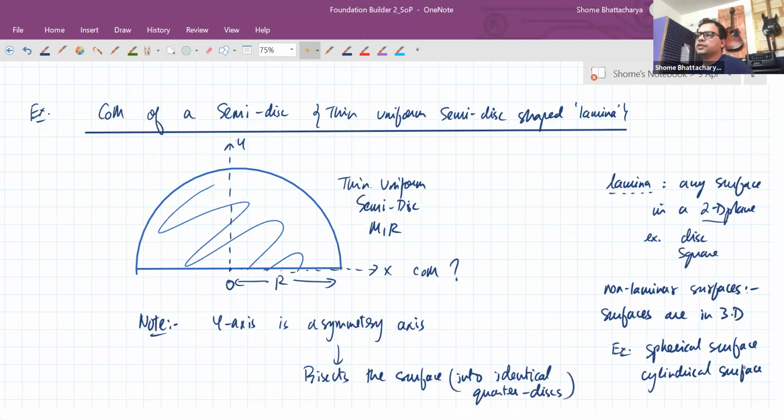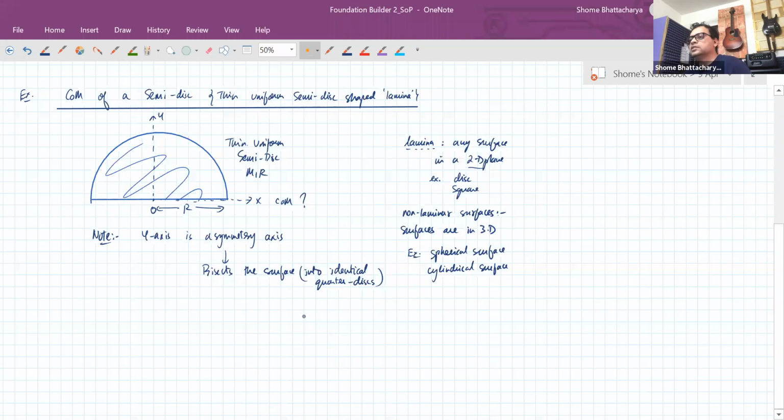So that means the center of mass will lie on the y-axis as we discussed last time. If you can find any axis of symmetry, then that's one thing less, because you know that the center of mass lies on the y-axis, at a point, let's say C, whose coordinates will be (0, ycm). So now we have to find this y coordinate of the center of mass, where the origin is the center of curvature.